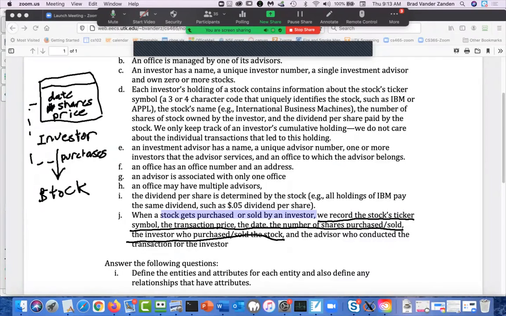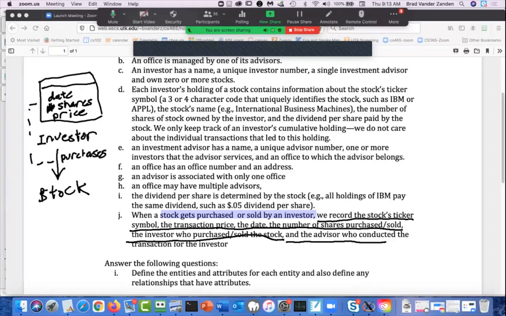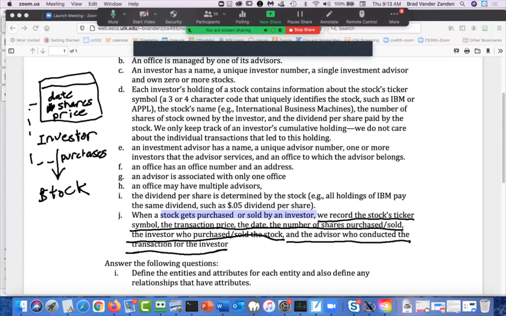something changes because we end by saying we record the stock's ticker, and so on, and the advisor who conducted the transaction for the investor. This is all recorded in one place.